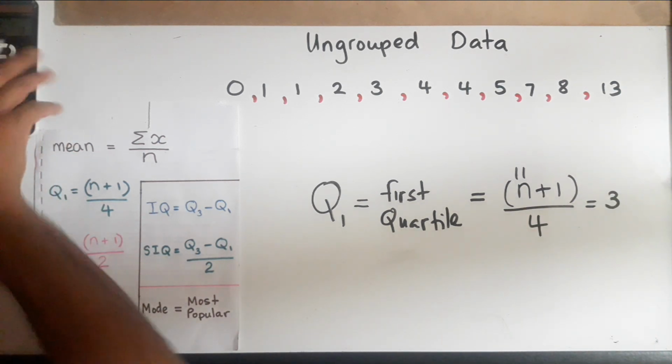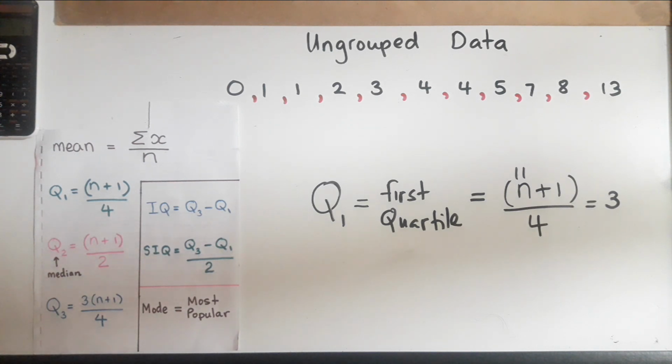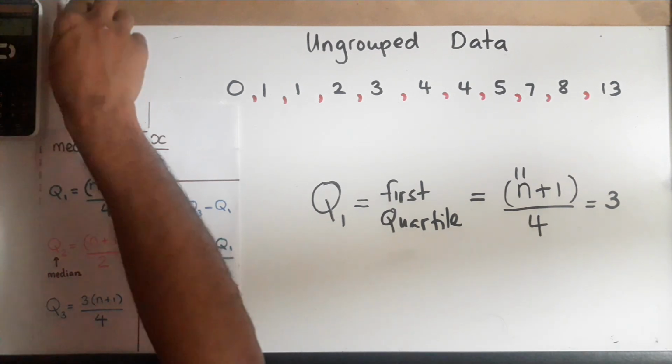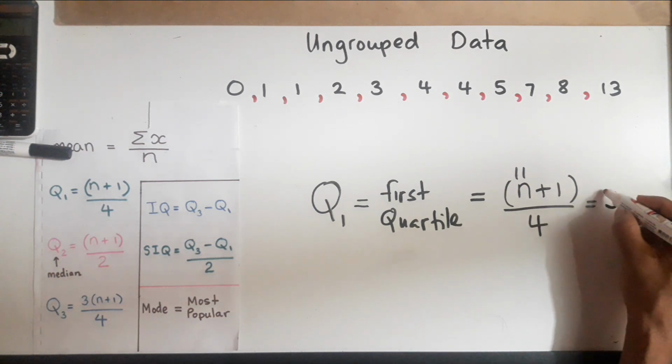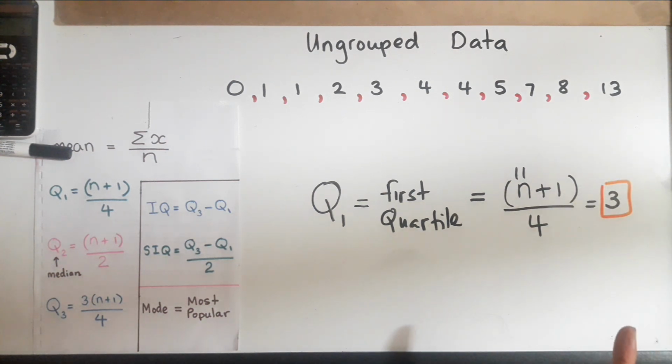Now, this is where students get tricked. They see this formula in their textbook or in a video and they follow the formula and get 3. And they think that's the answer. But if they read the textbook properly or paid attention to the video, you realize that 3 is not the answer, but it helps you get the answer.